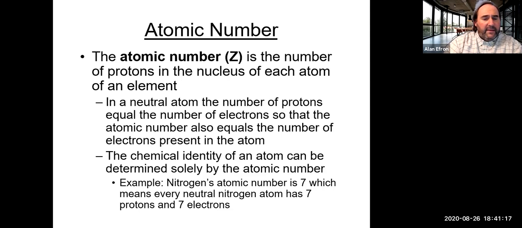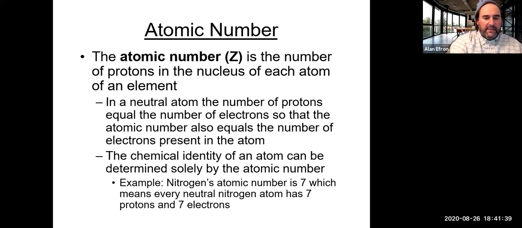So if the protons are positively charged and the atom is neutral, you would have to have the exact same number of electrons. So if you are talking about a neutral atom, the atomic number, which is the number of protons, will also tell you the number of electrons in that particular atom.